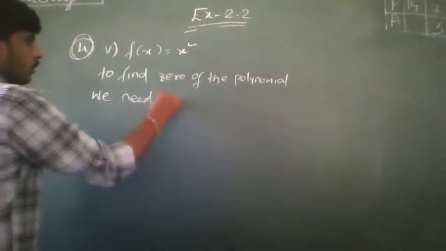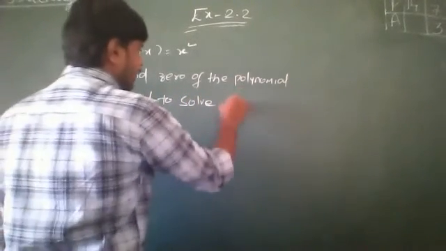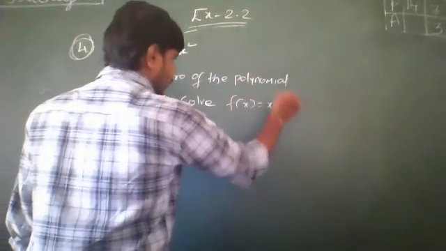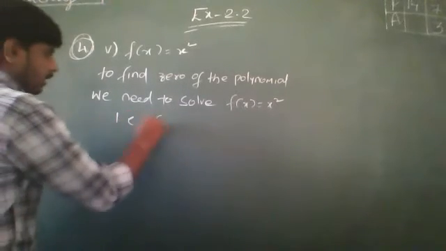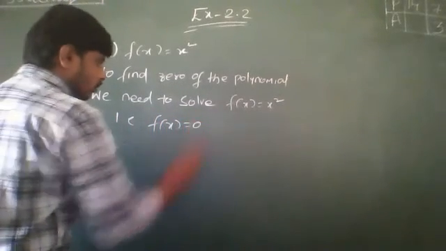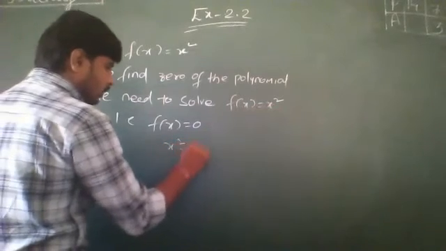We need to solve f of x is equal to x square. Solving is nothing but taking it equal to 0. That is, f of x is equal to 0, and this f of x is nothing but x square is equal to 0.